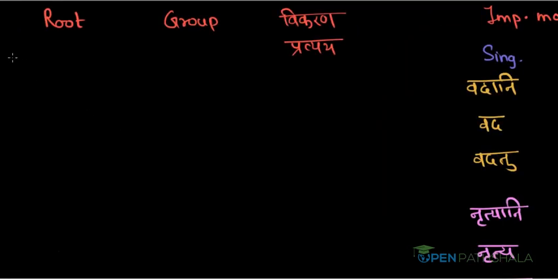Now let us see forms of some other roots. Let us take root vada. It means to speak. Now this vada belongs to which group? It belongs to the first group. So vikarana pratyaya a will be added to it.